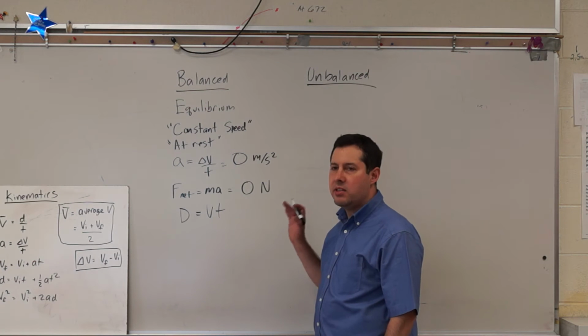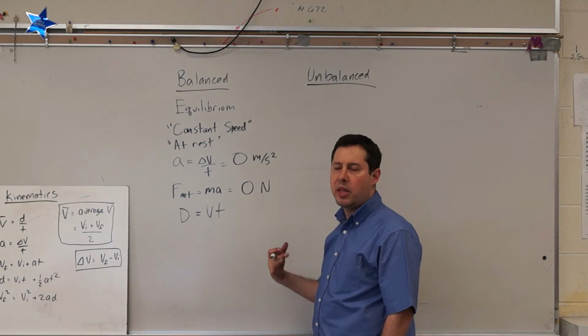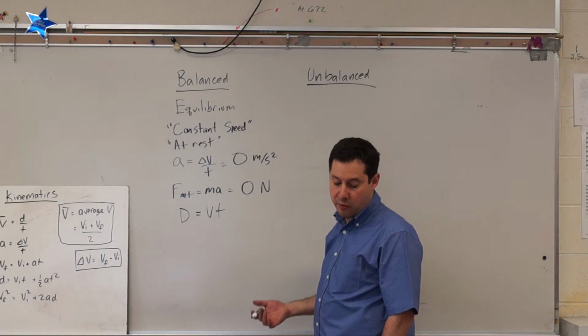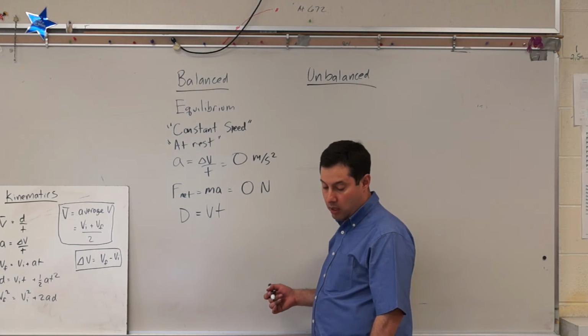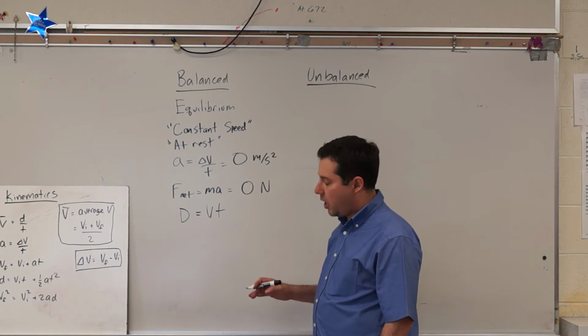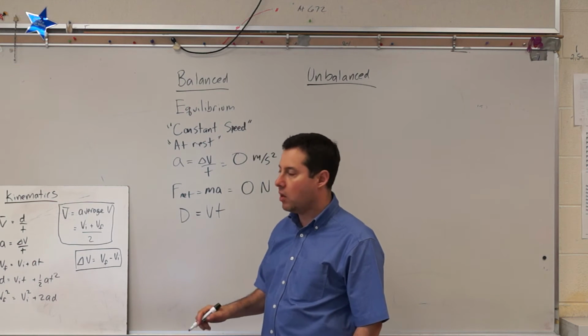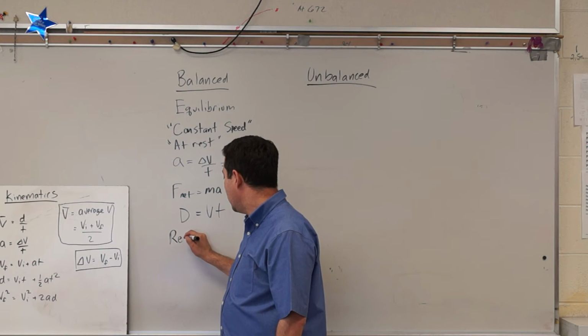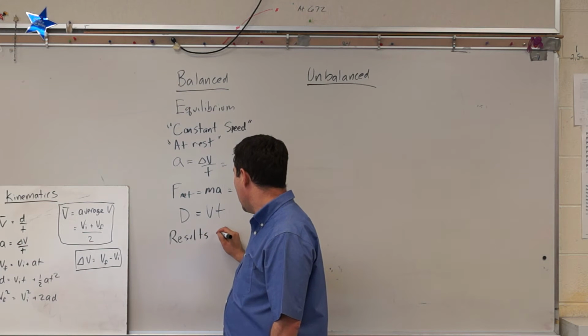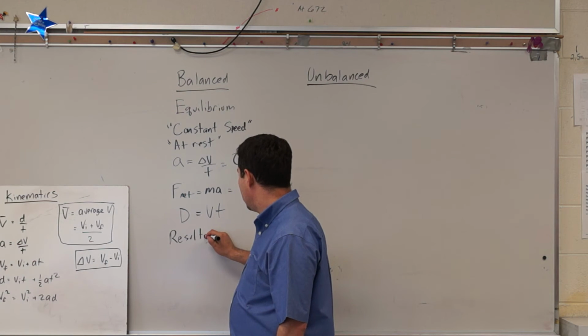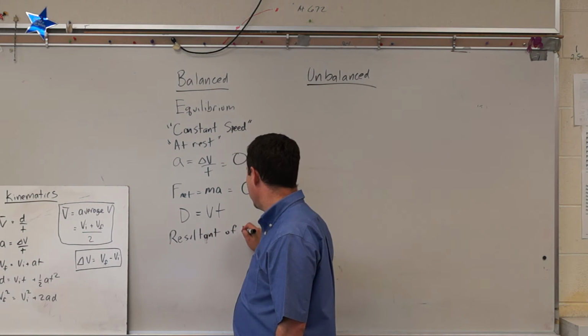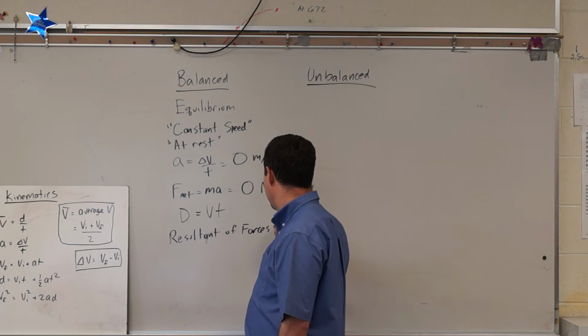Constant speed. This means a whole host of other things and can be applied throughout the course. Some of the stuff we're not going to get to for a while, but let's think about it this way. So if your net force is really a resultant, right? So the resultant of the forces is zero.